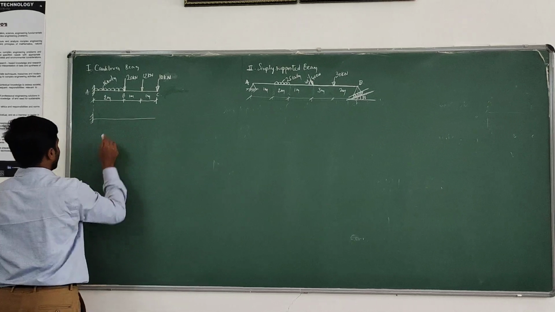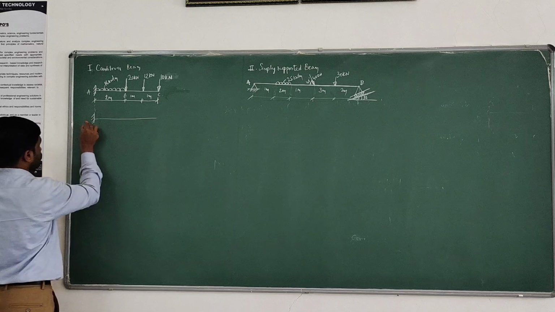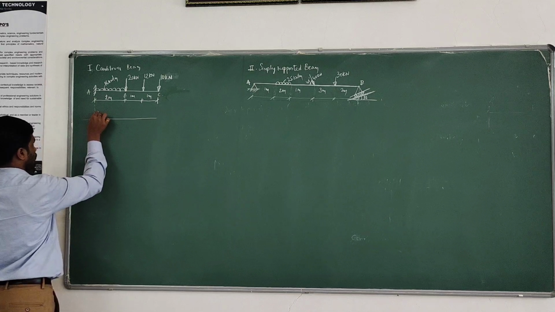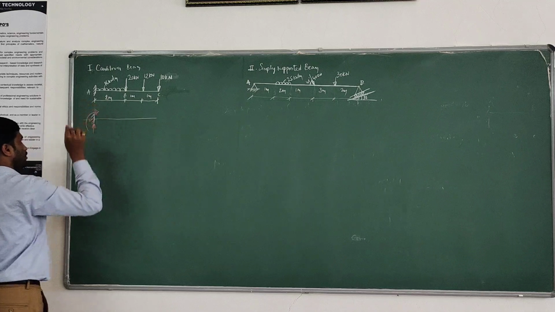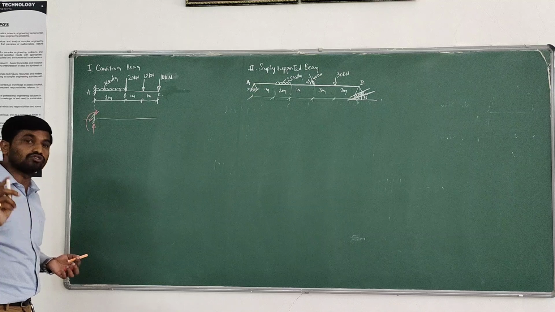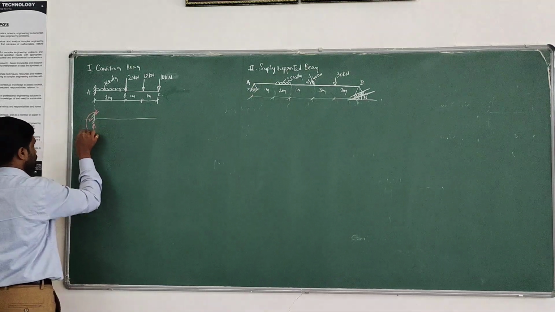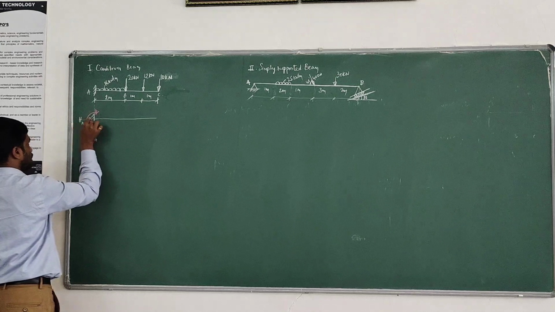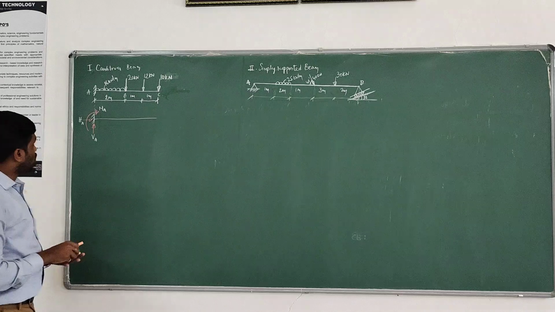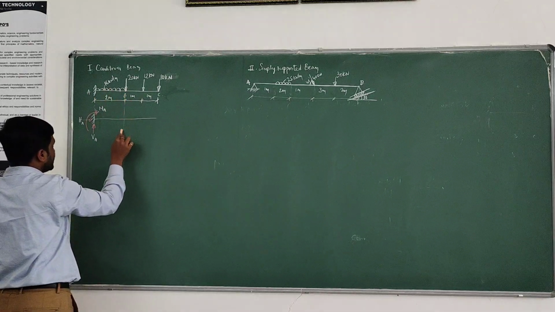So first, the free body diagram. In the free body diagram, A is the fixed support. A fixed support will produce three unknown reactions, that is VA, HA and MA. And also at span AB we are having a UDL.